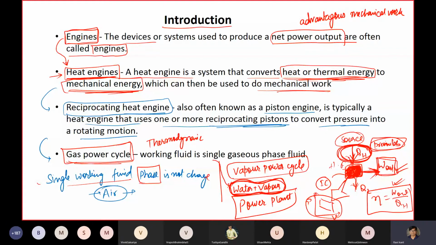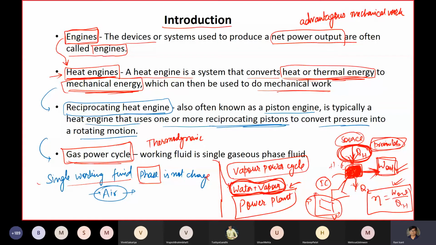We will not talk about it here, but you should know that there are other cycles as well, and they have certain advantages and disadvantages. Okay. So with this vapor cycle, you are going to rotate your turbine, and your turbine is connected to some sort of converter or generator which generates electricity.